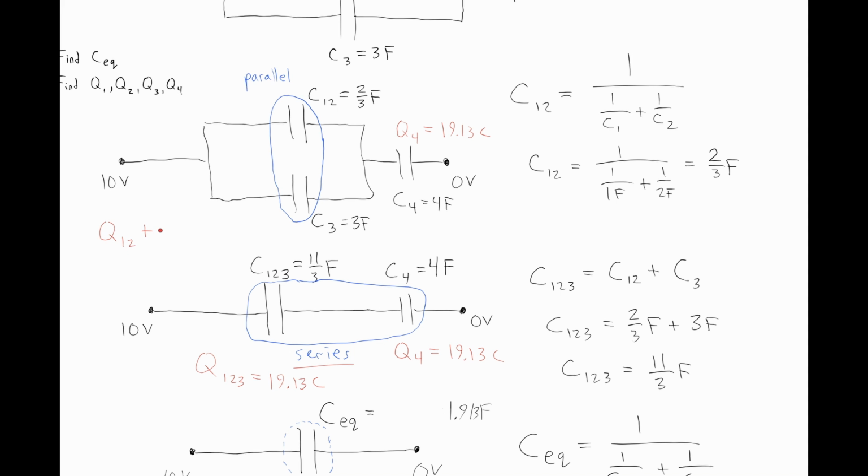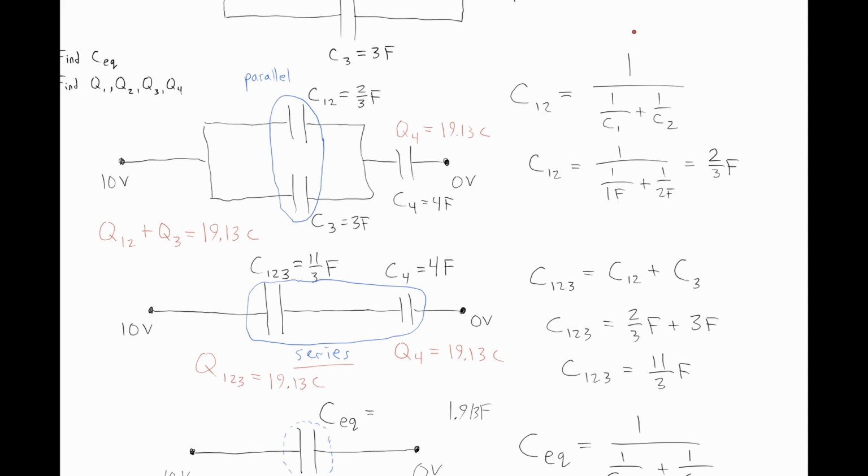Q12 plus Q3 equals 19.13. Some of the charge will go on the upper capacitor, some of it will go on the lower capacitor, and we don't know how much yet until we find the voltage that those capacitors will hold.